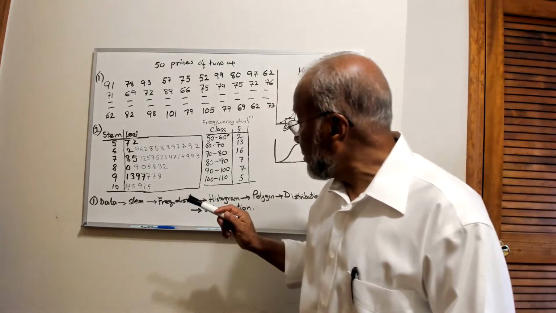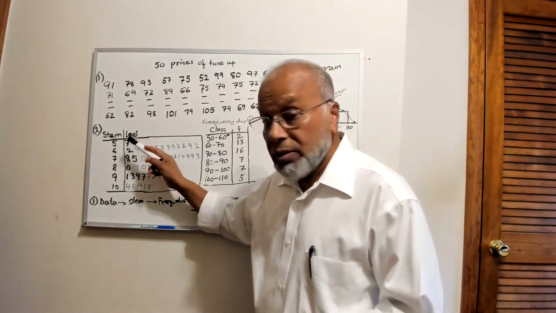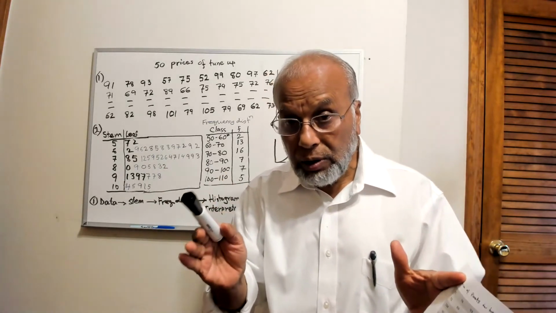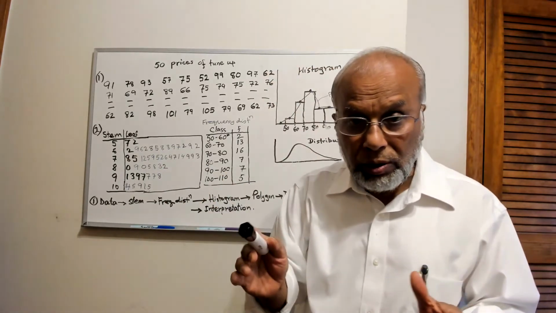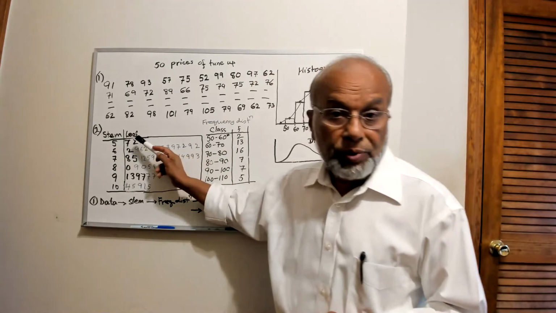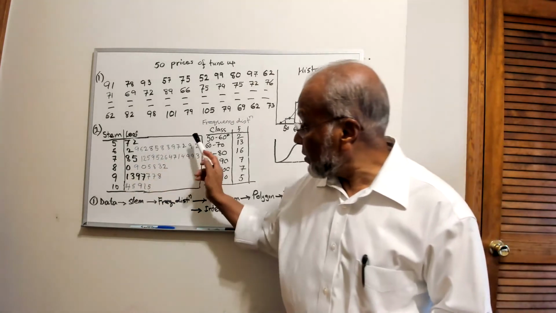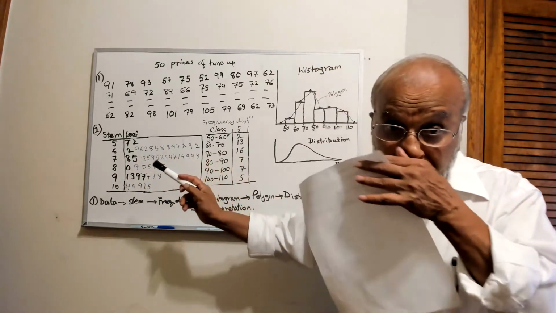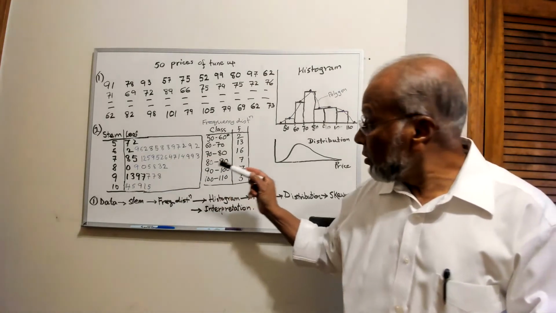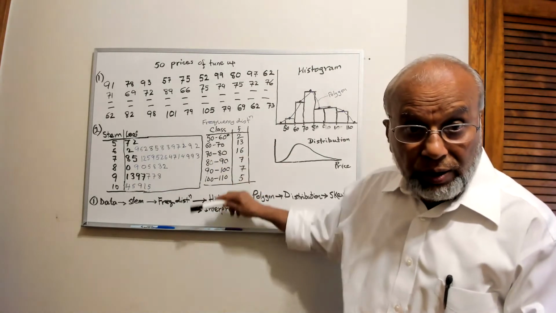Now I have to find out a particular distribution, like 50 to 60. I have 2 numbers. 60 to 70, I have 13 numbers. And 70 to 80, I have 16 numbers, and write down this way.